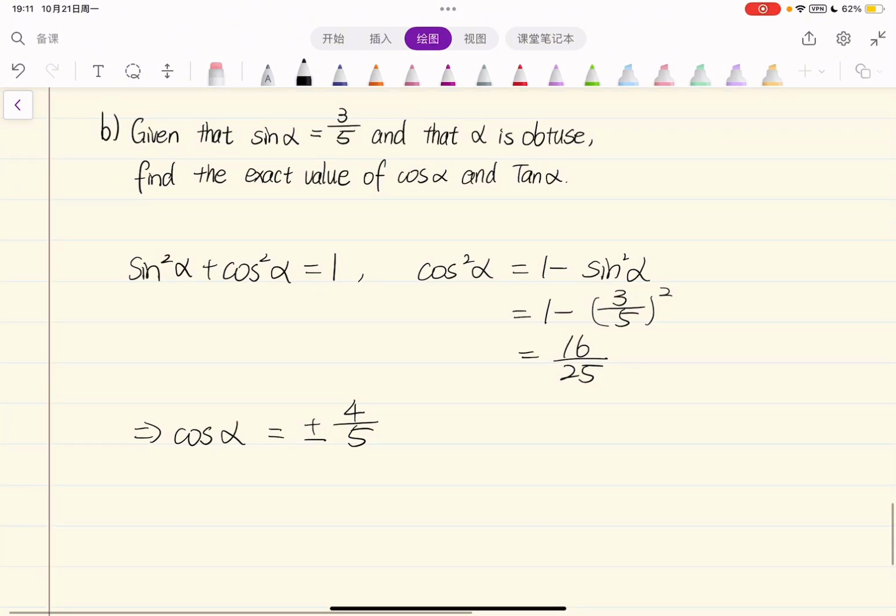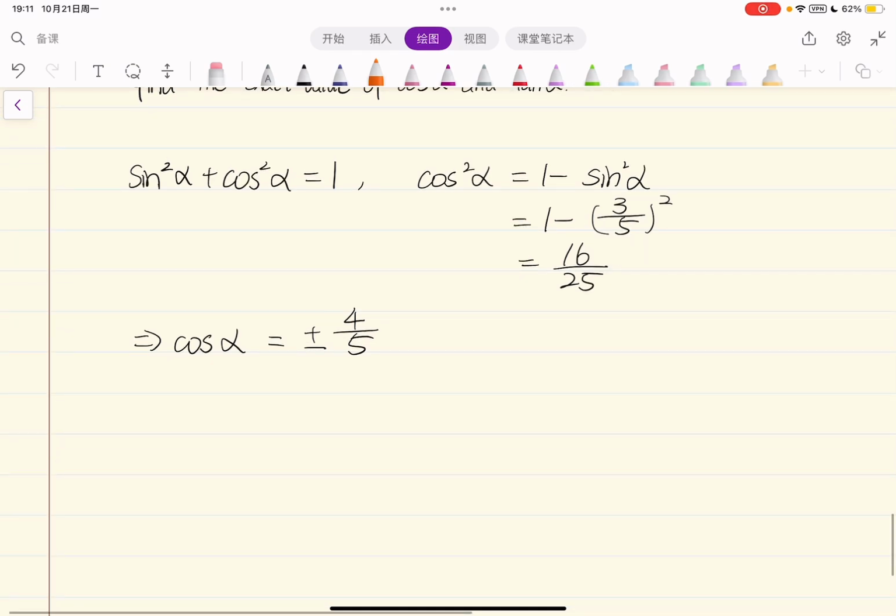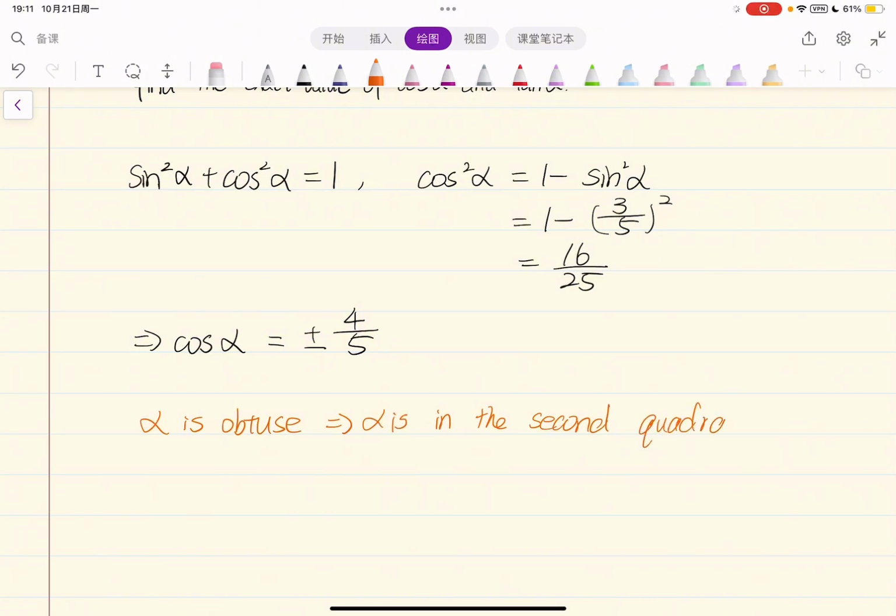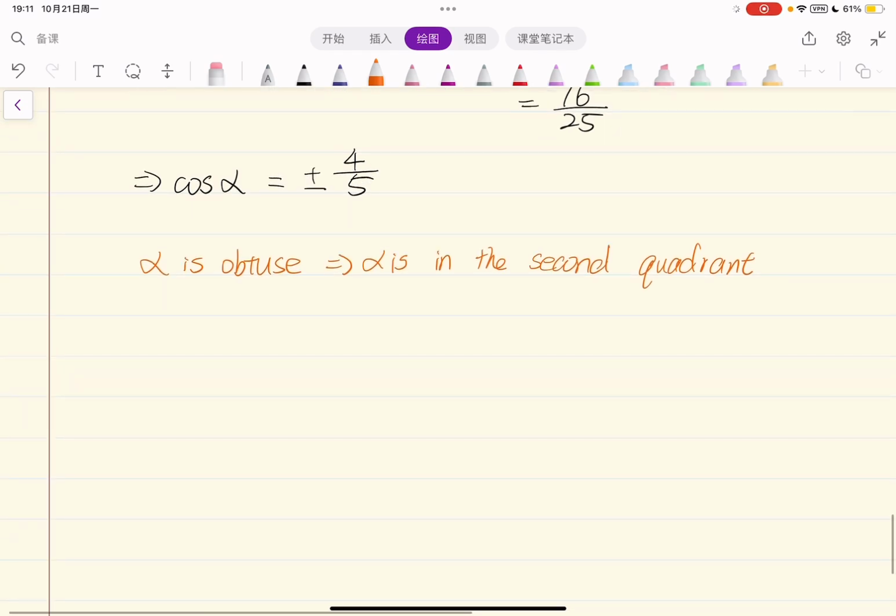Now the question said that alpha is obtuse, which means alpha is in the second quadrant. Now let us see the CAST diagram.